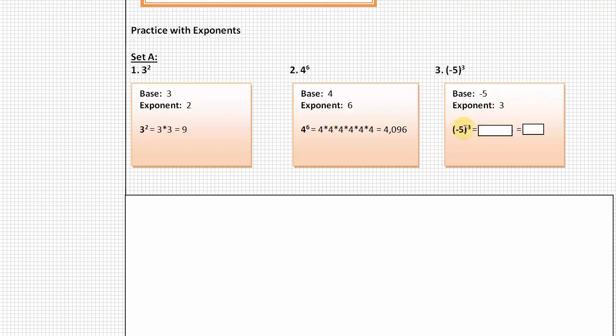And so negative 5 to the 3rd power, when expanded out, will be negative 5 times negative 5 times negative 5. What does that equal? Well, we know that negative 5 times negative 5 is a positive 25. Times negative 5 is going to make it negative 125.